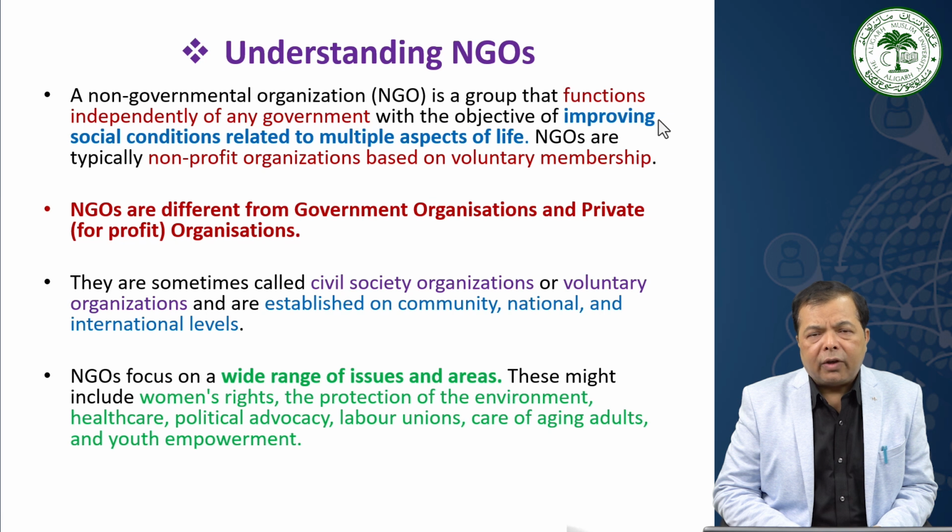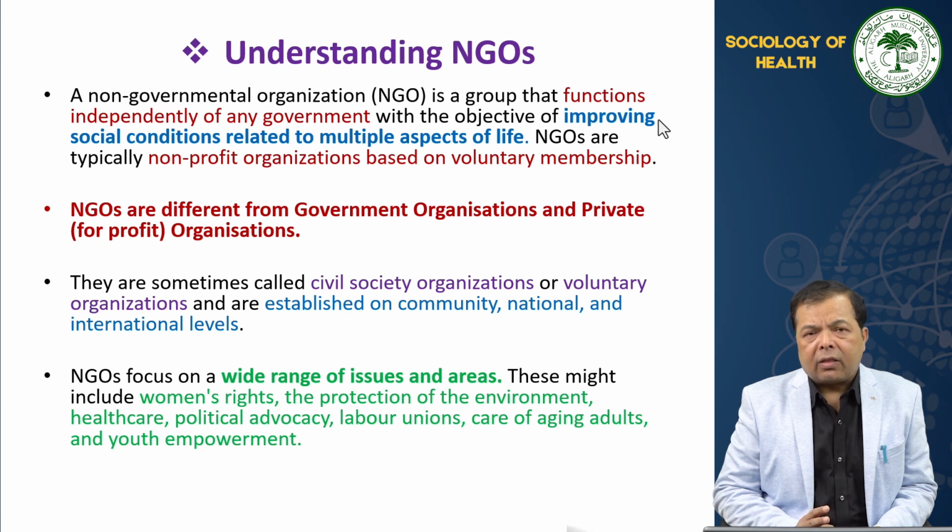So if it is not working for profit of its own, then it will come under this category of NGO. However, if it is working for enhancing the economic status of certain vulnerable group or disadvantaged group, then it can have some kind of economic aspirations of those people also getting reflected in that.